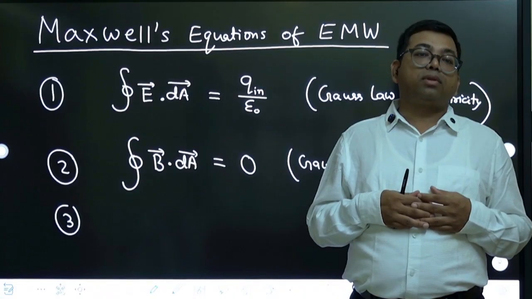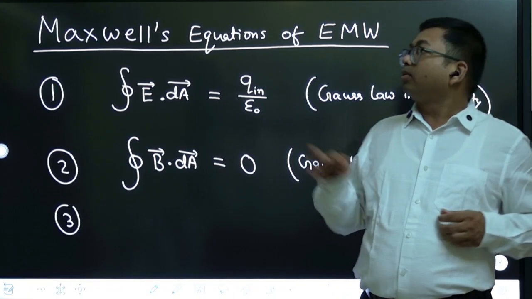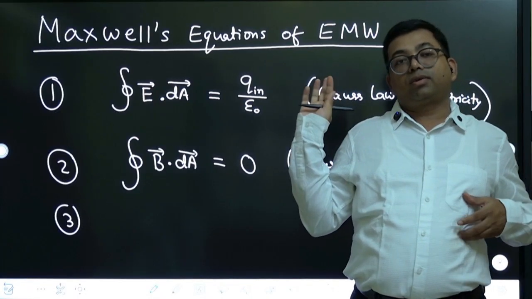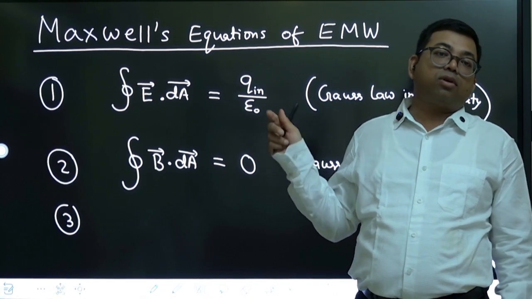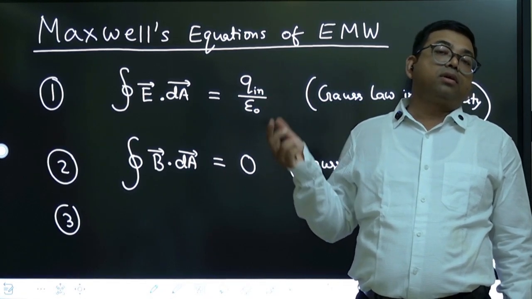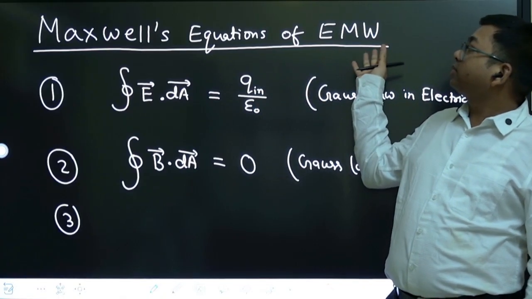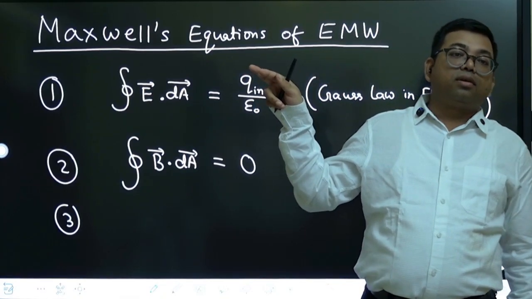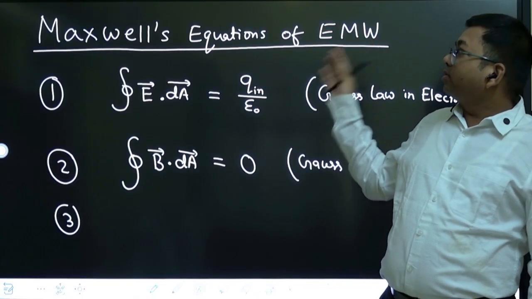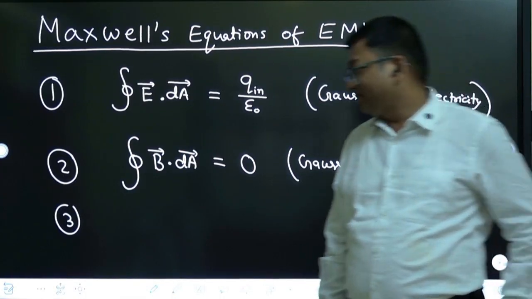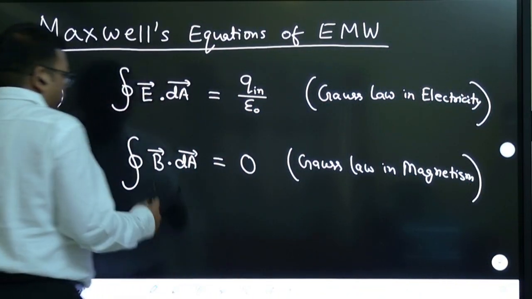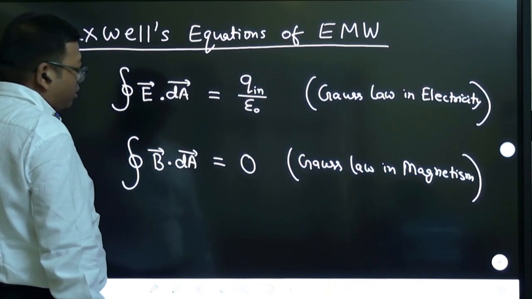That is why we call them Maxwell's equations of electromagnetic waves. We are not simply saying Maxwell's equations, because the electromagnetic wave theory given by Maxwell was using these equations. That is why it is called so. So this is Gauss law in magnetism.